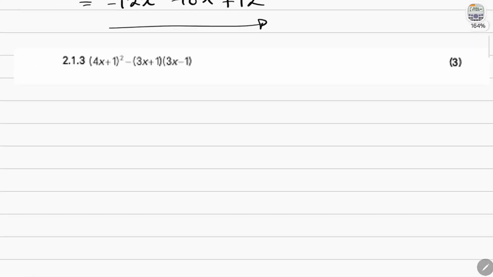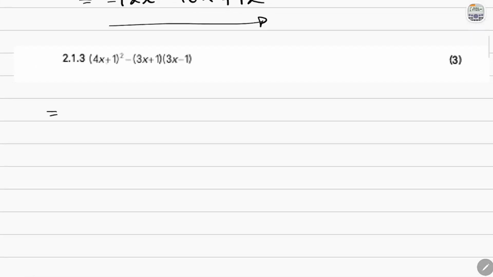Next question, we're simplifying, okay, but this time we have 4x plus 1 all squared. If you have x squared, this can be expanded to x times x. Okay, so 4x plus 1 squared is 4x plus 1 times 4x plus 1, and we'll distribute that. Now, you can choose to distribute this and start multiplying it out, or you could do this.